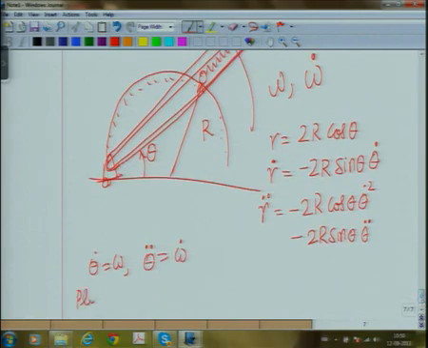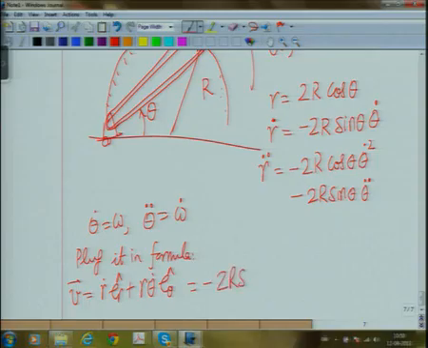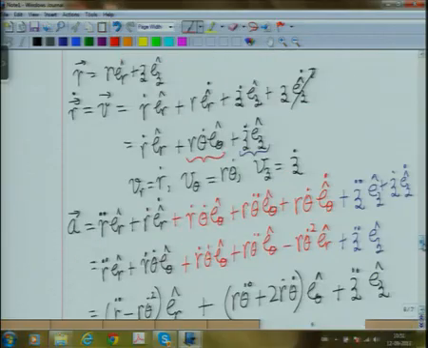And now all I have to do is plug it into the formula, and then I will get velocity is equal to r dot er plus r theta dot e theta, and this will be equal to minus 2r sin theta theta dot er plus 2r cos theta into omega e theta. So this is the velocity.